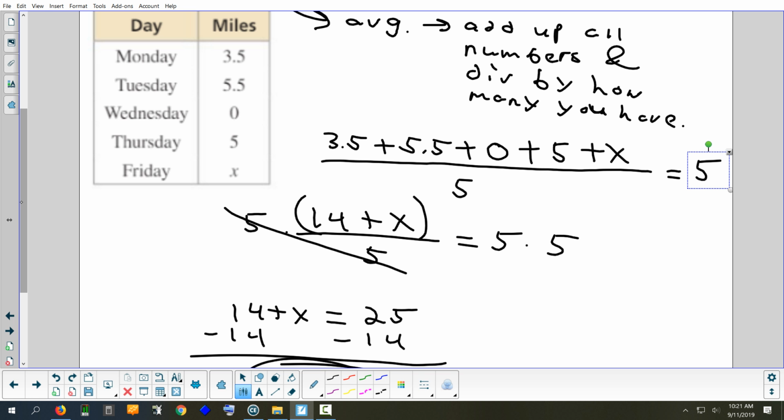Anyone think when might you deal with an average? Your grade. Yeah, your grade. So if you said to me, well, I got an 82, I got a 73, and I got a 79, we have one test left, and I want to make sure I get an 80 for the term. What do I have to get on the last test?